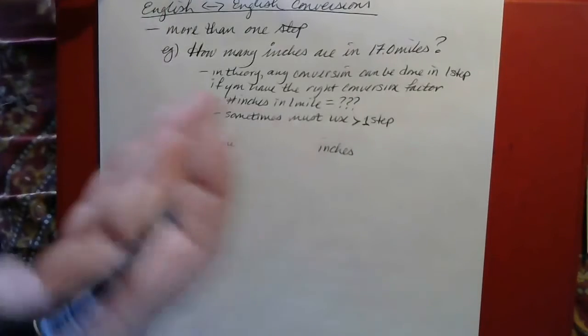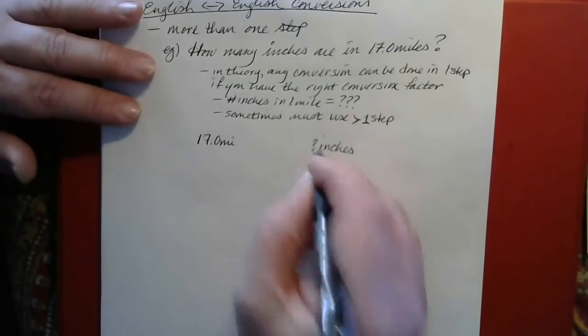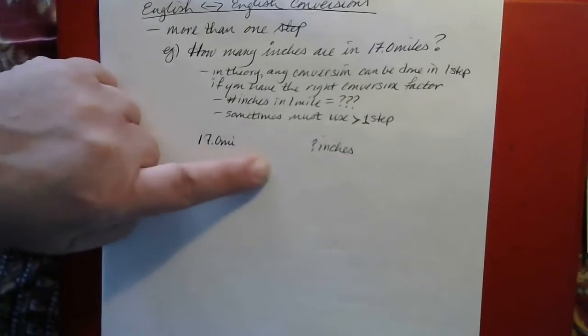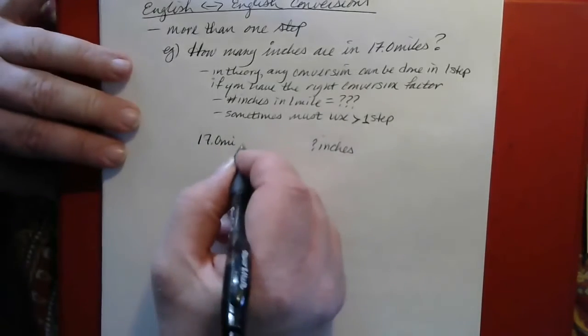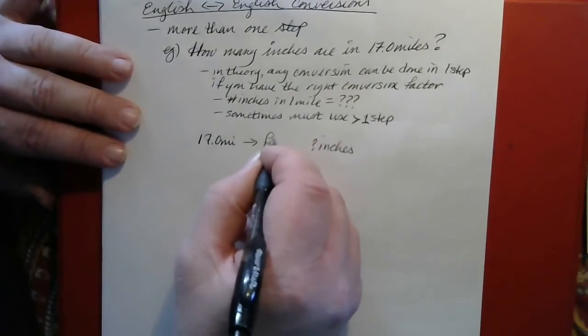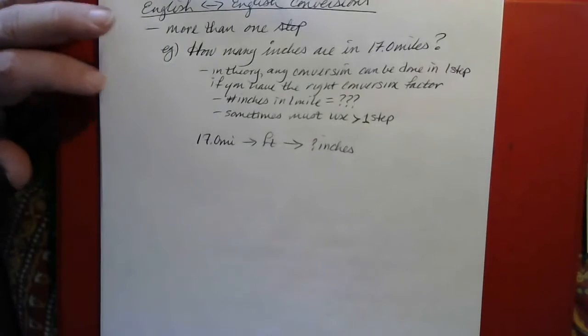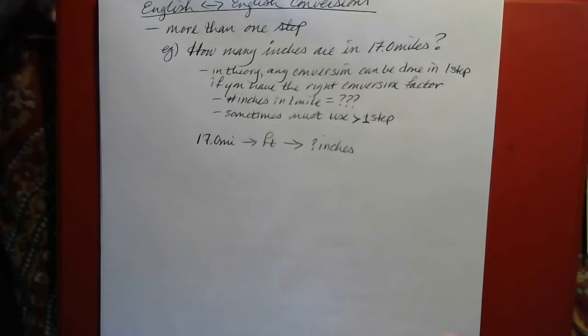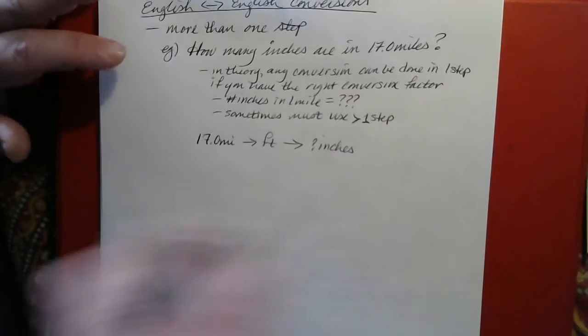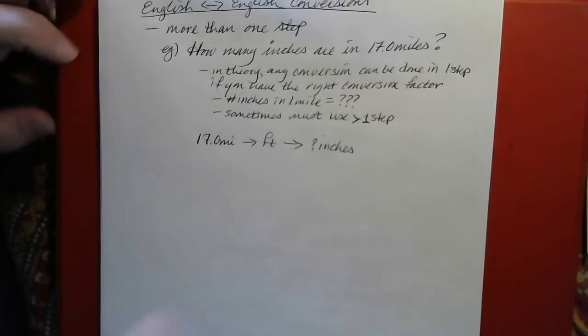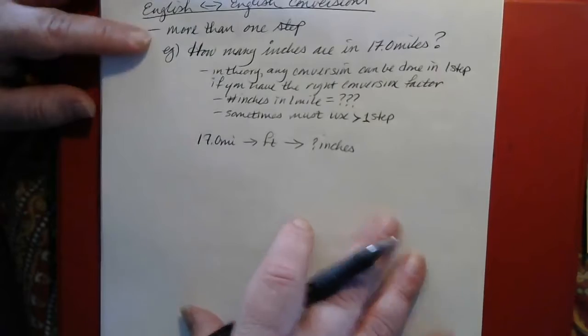I don't know how many inches there are in a mile, but I know how many feet there are in a mile. So maybe you could go from miles to feet to inches. You're doing it in two steps, but you're using conversion factors that you know and that are commonly available, and you'll get the right answer anyway.